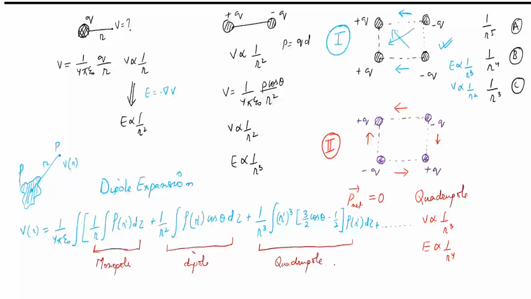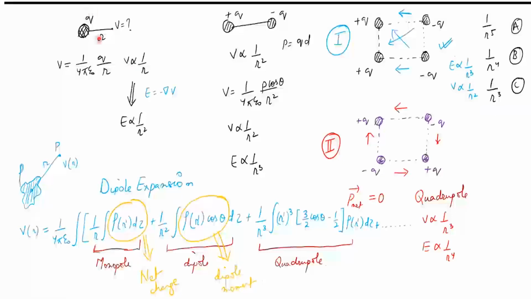Okay, quadrupole, right? Now this term denotes the net charge, and this term denotes the dipole moment. This is what you have to understand. Now I will break it down one by one.